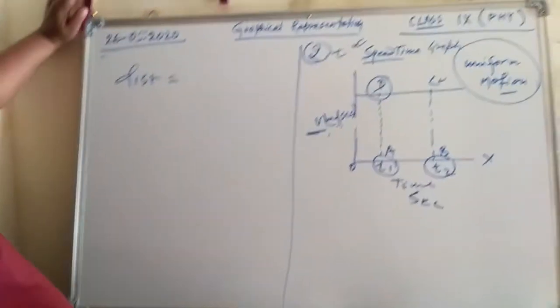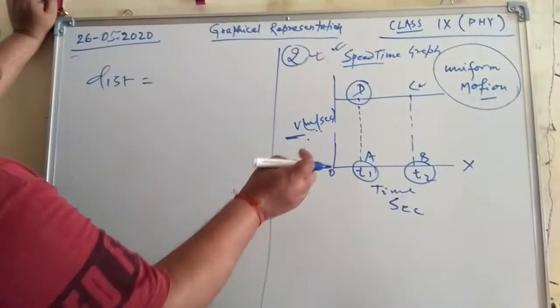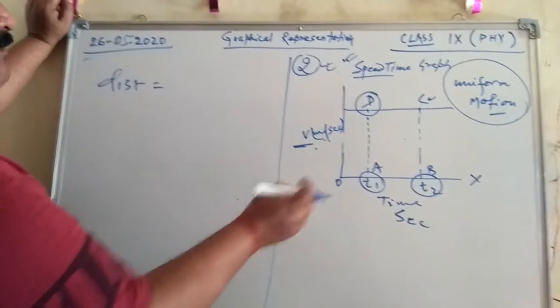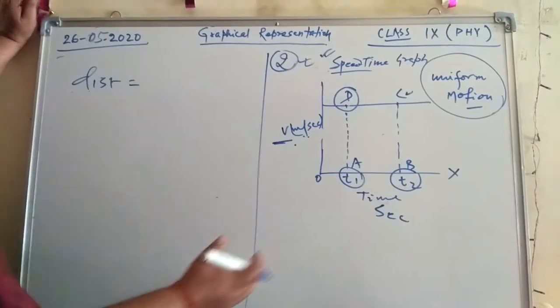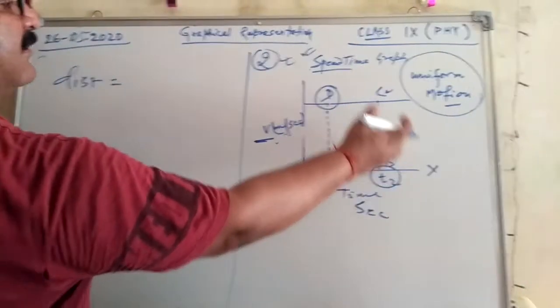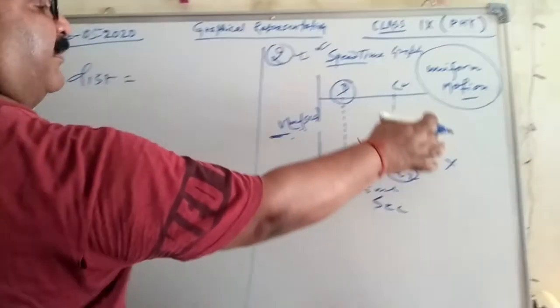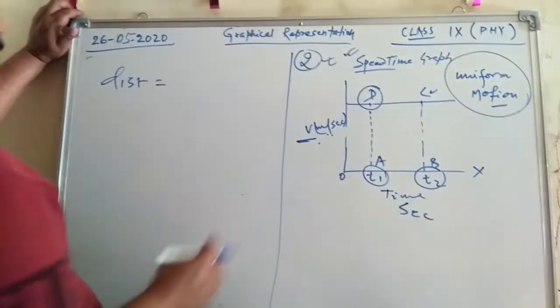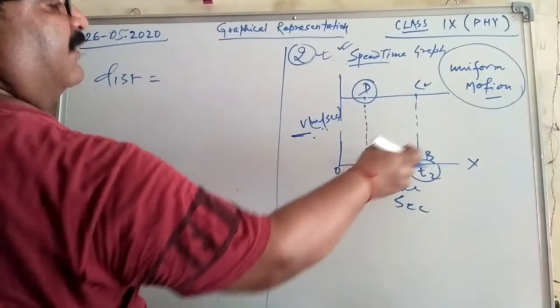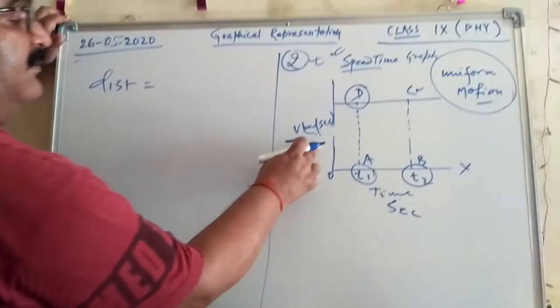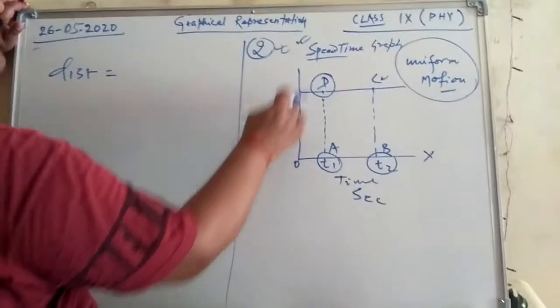For that, whenever you have a speed-time graph and the data is given, first you search from the data what type of closed figure is involved with the help of the speed-time graph.